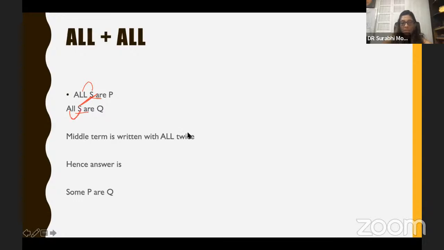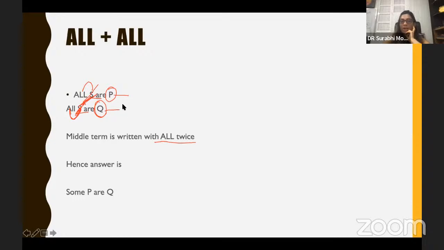That means the middle term is distributed twice. Now, neither P nor Q is written with all. They are not modified by the word all. So I cannot make an all answer because both the alls are used by the middle term. So what is left for P and Q? Nothing.